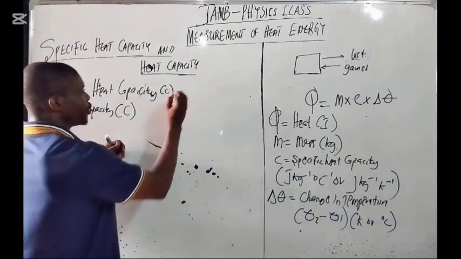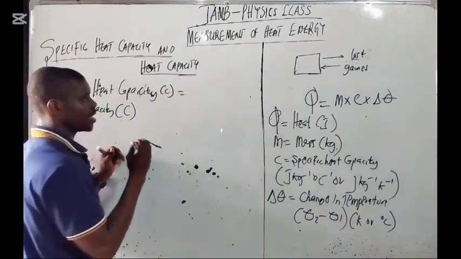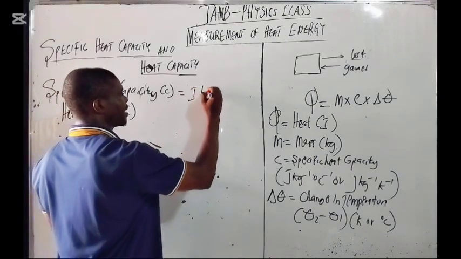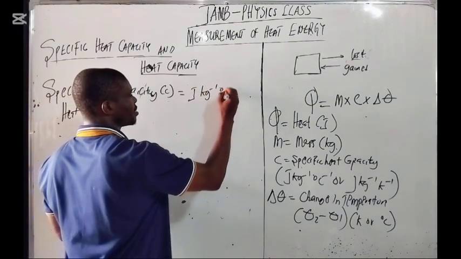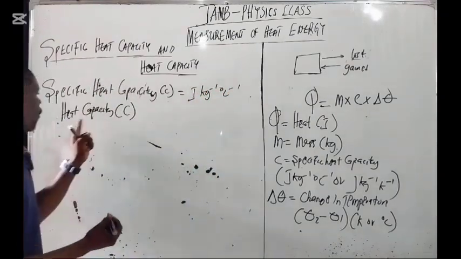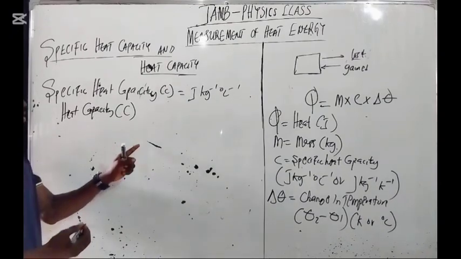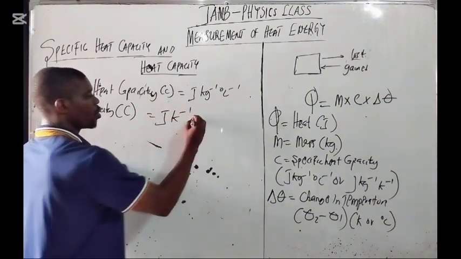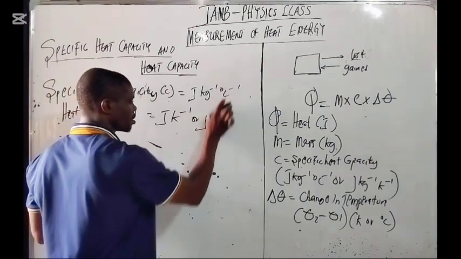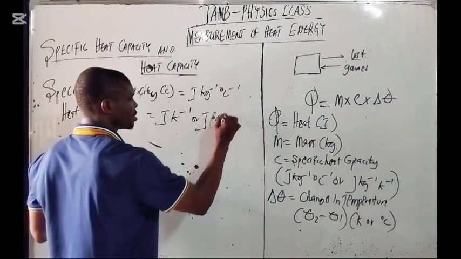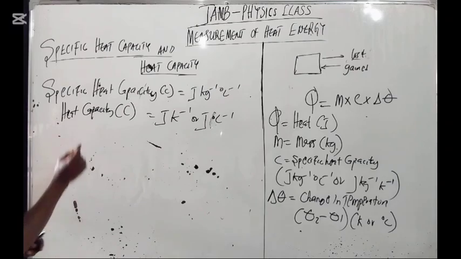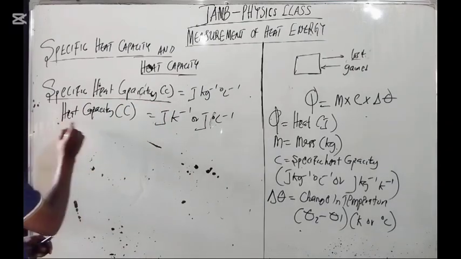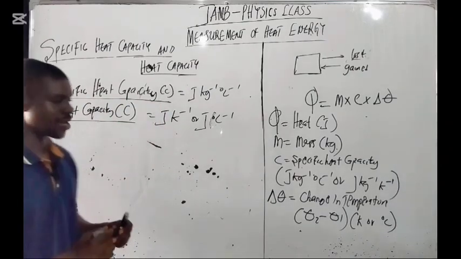The unit of specific heat capacity is joules per kg per degree centigrade, while the unit of heat capacity is joules per kelvin or joules per degree centigrade. So here there's a mass of the object, here there's no mass of the object.